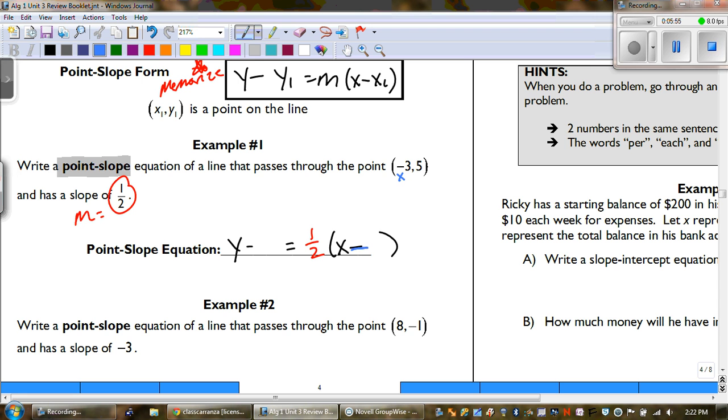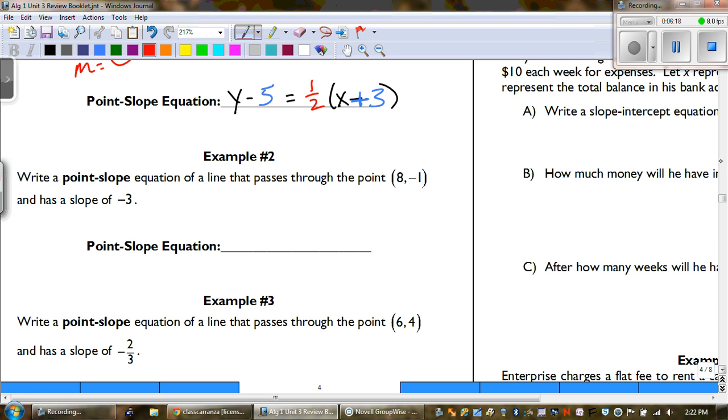That's the x, and that's the y. So y minus 5 equals 1/2 x plus 3. And remember, no double signs. If you have this, it's wrong. Okay, so don't do it.